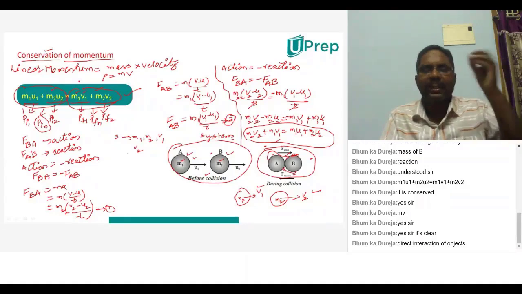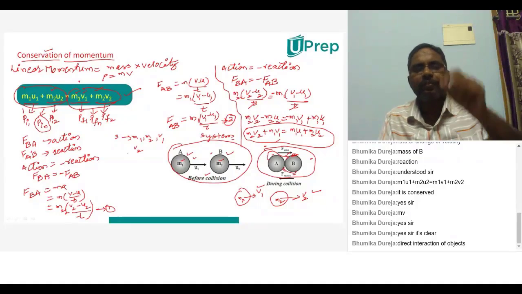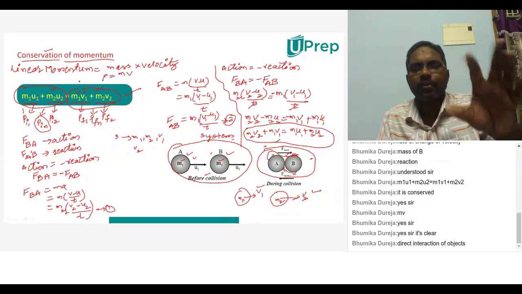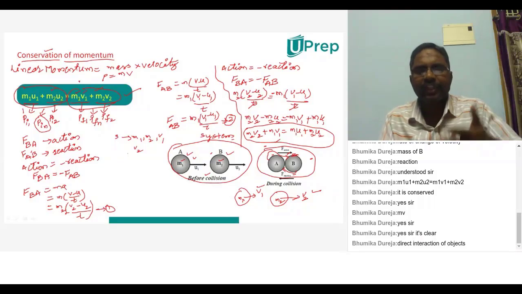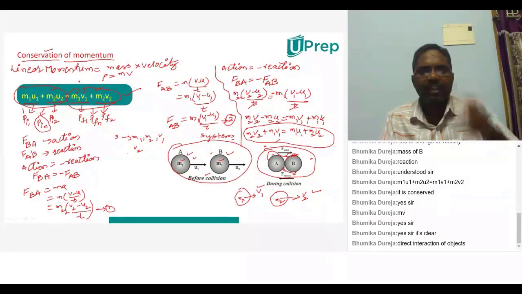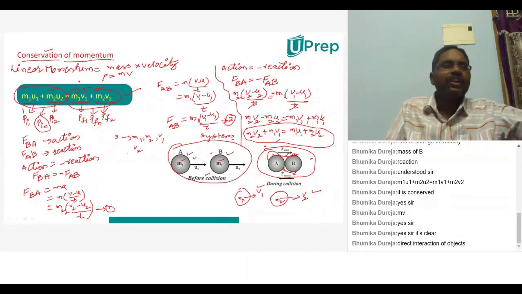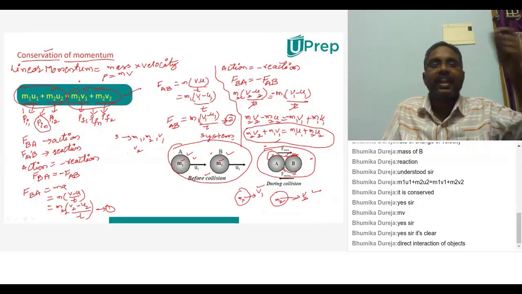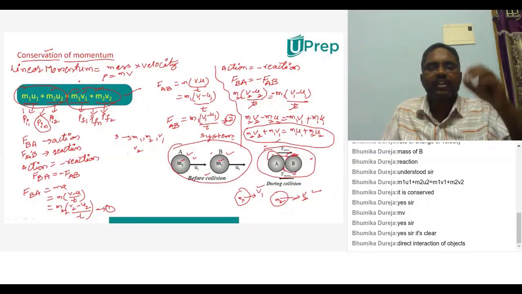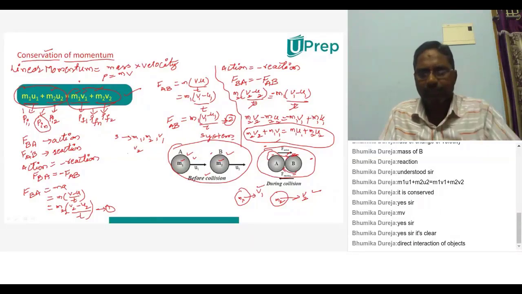Any process or event in which there is a change in momentum of objects will be called collision. Sometimes in few experiments, even though there is no touch, momentum will change. That also will be treated as a collision, even though they are not touching each other. That's why I said this.